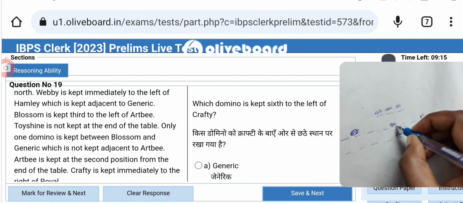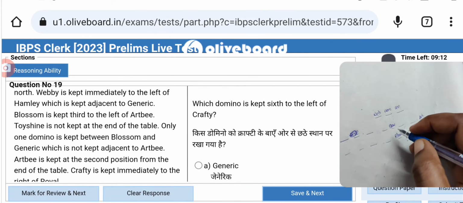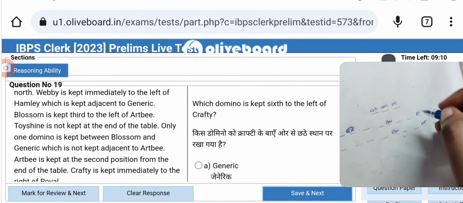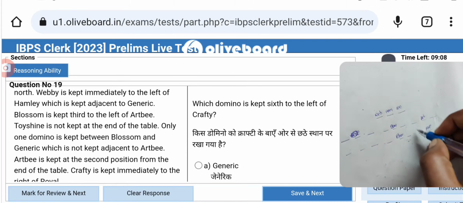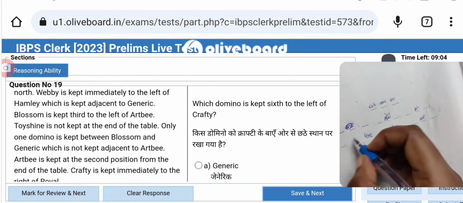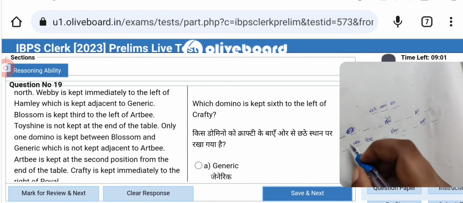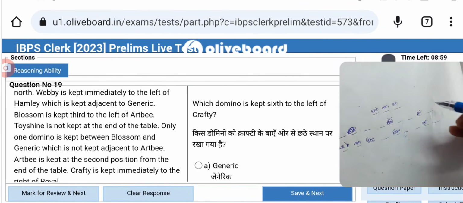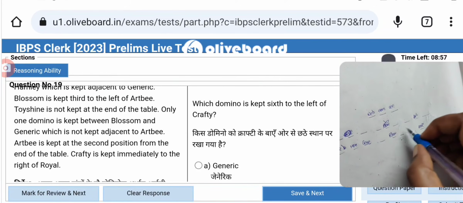Next, only one domino is kept between Blossom and Generic. Generic is not adjacent to Oddbee. So this possibility fails. Next, Hamley and Webby. Crafty is immediate right of Royal.